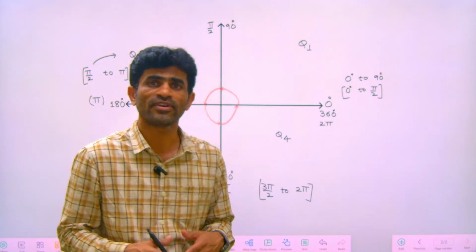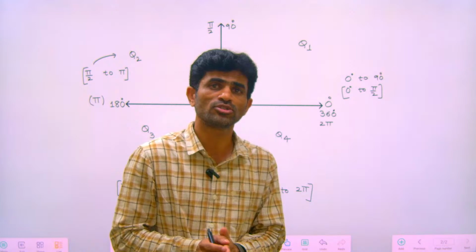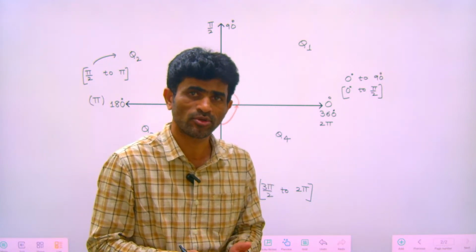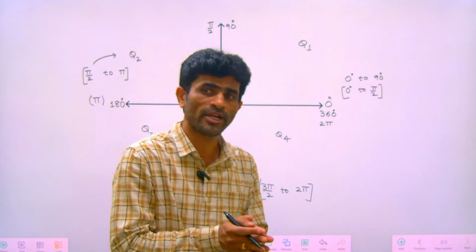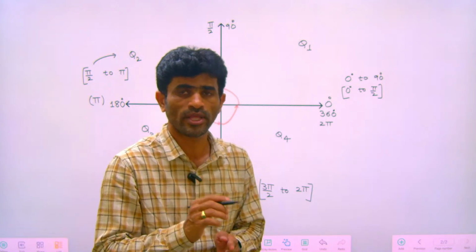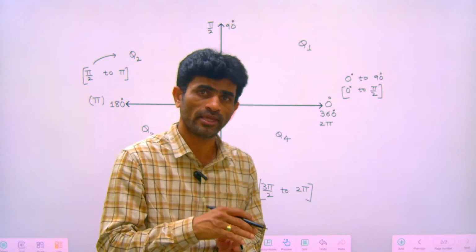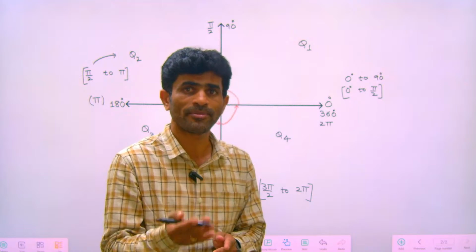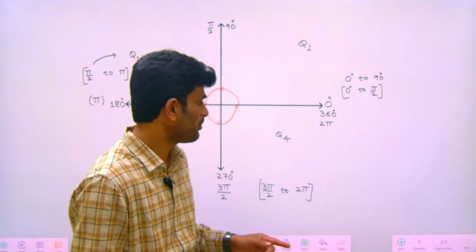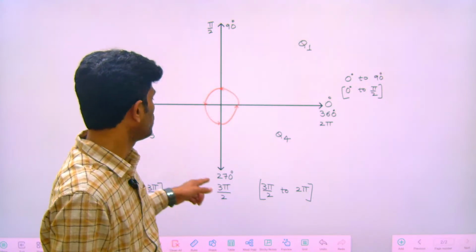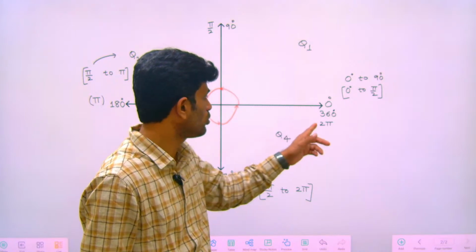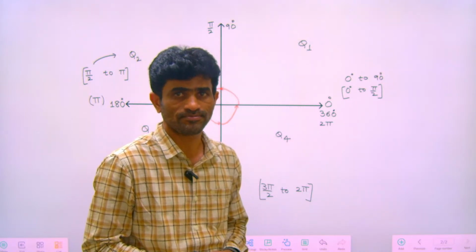Same thing in terms of radians: 0 to pi by 2 radians, since 90 degrees is nothing but pi by 2, is quadrant 1. Pi by 2 to pi is the second quadrant, pi to 3 pi by 2 is the third quadrant, and 3 pi by 2 to 2 pi is the fourth quadrant.